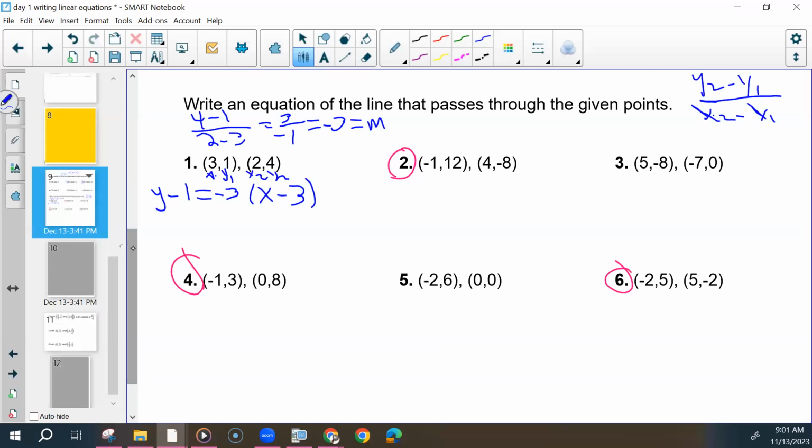Distribute. The y minus 1 equals -3x plus 9. And add 1 on both sides.